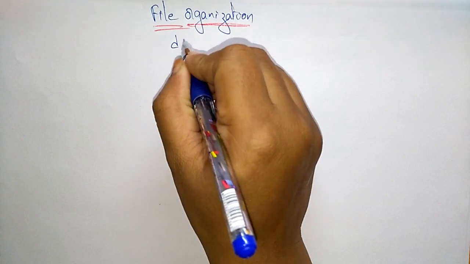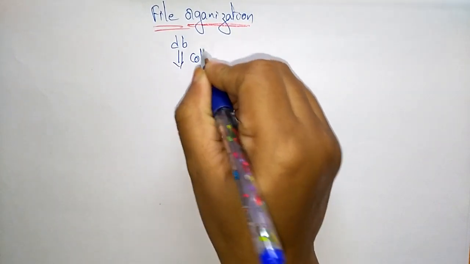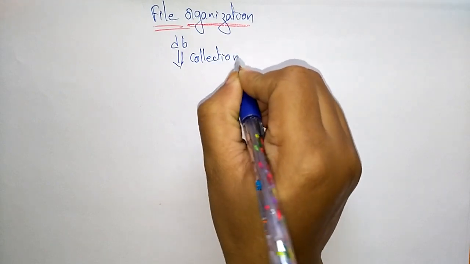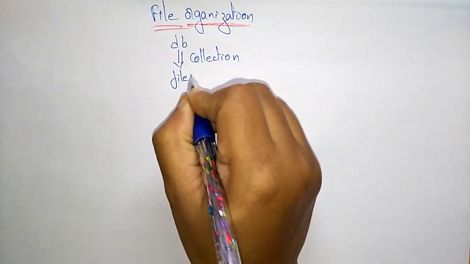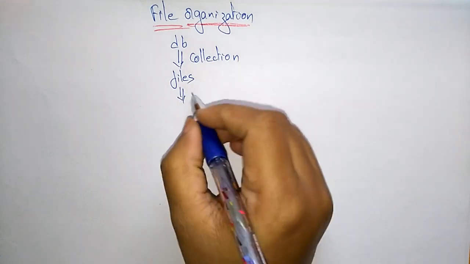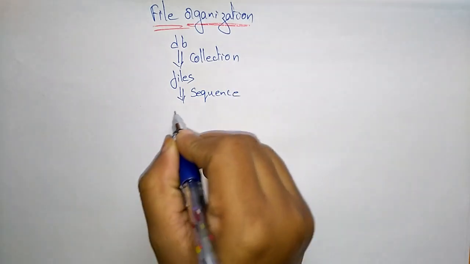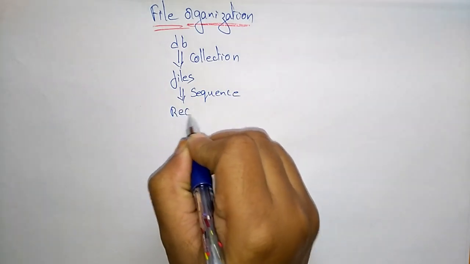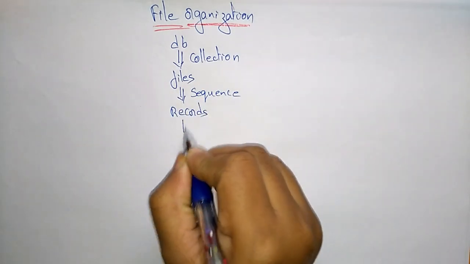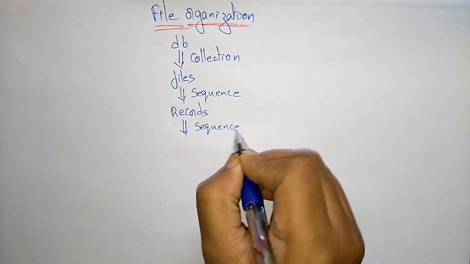A database is a collection of files. Files are nothing but a sequence of records. So each record consists of a sequence of fields.